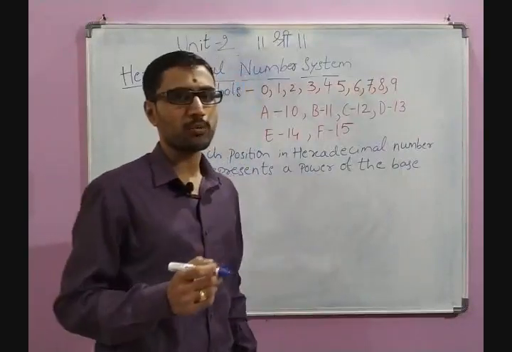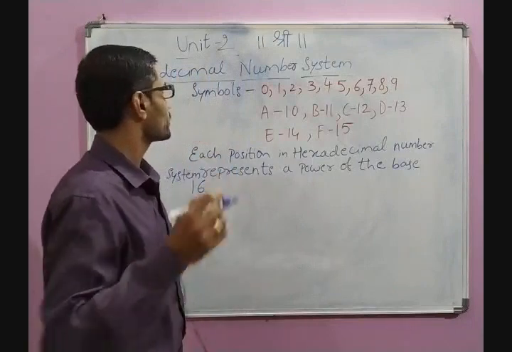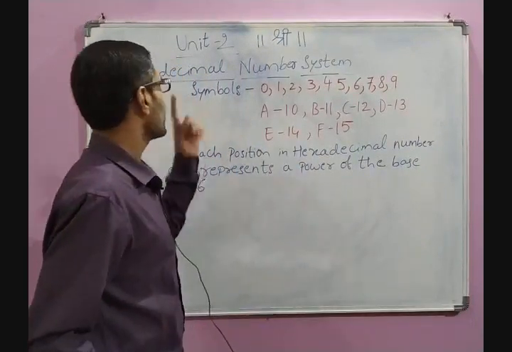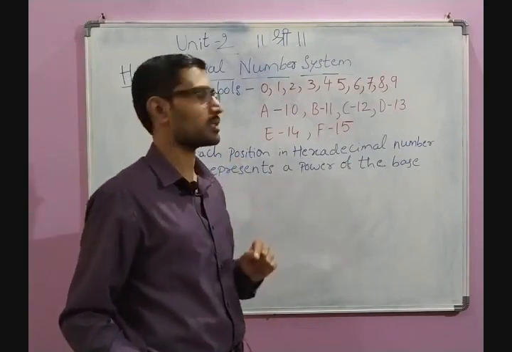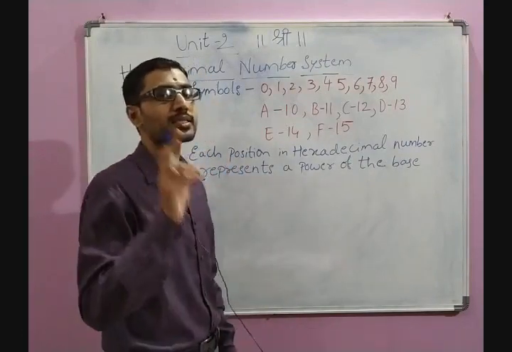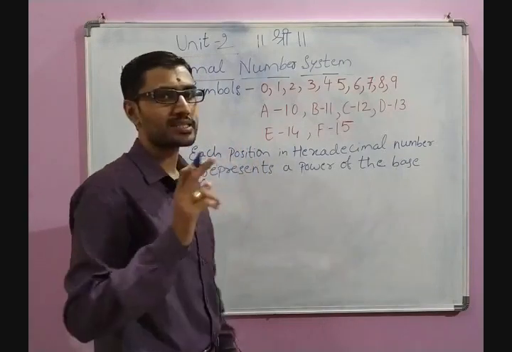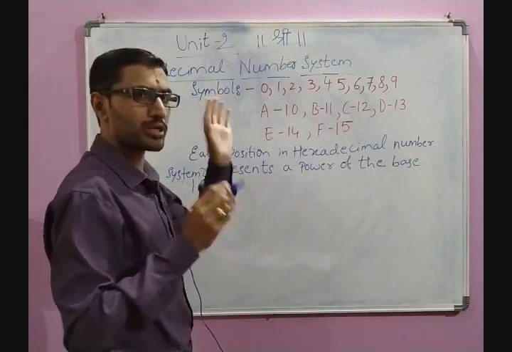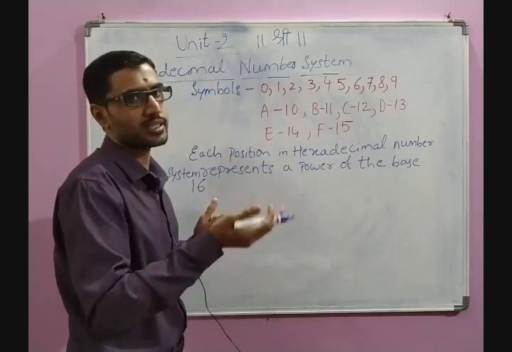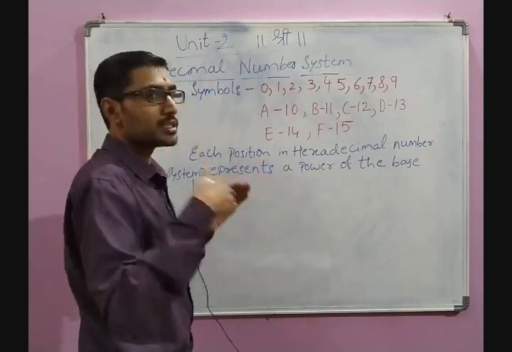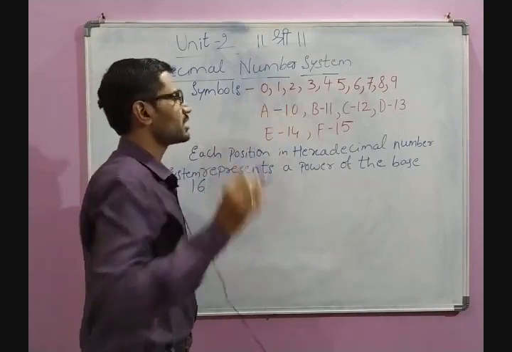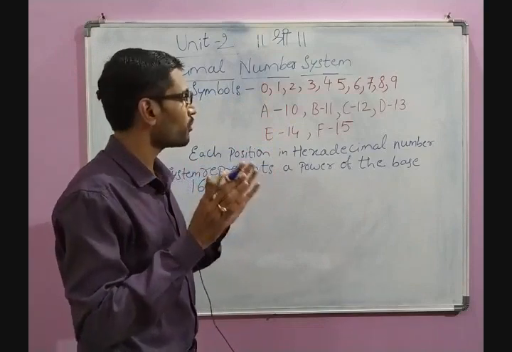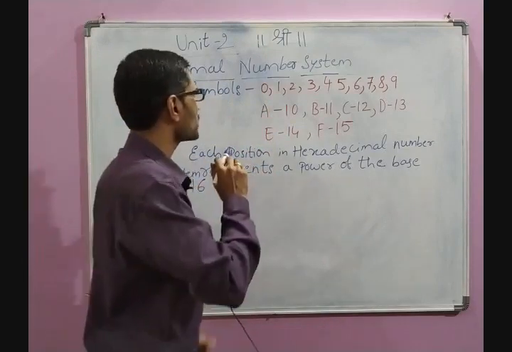We are going to study the next topic, that is the hexadecimal number system. As the name suggests, in the hexadecimal number system we have a total of 16 symbols, or we can say 16 digits. Hexa means 6 and deci means 10, so we have 16 symbols.